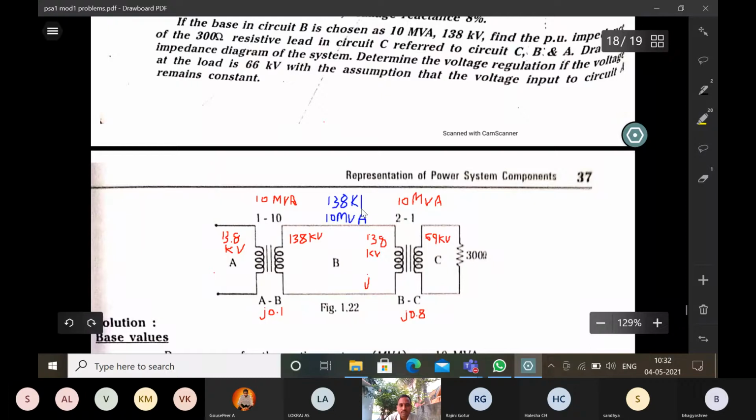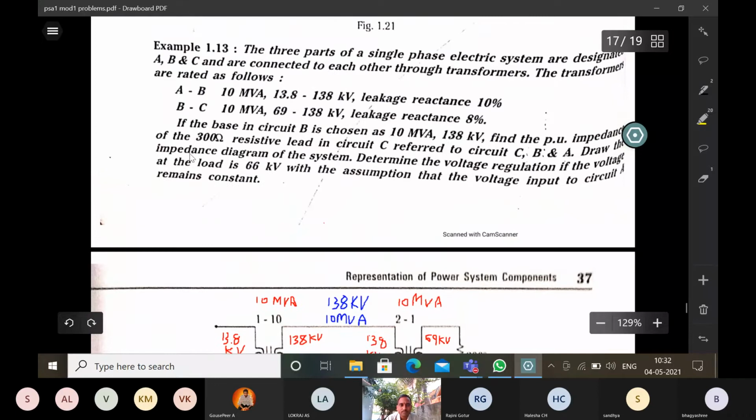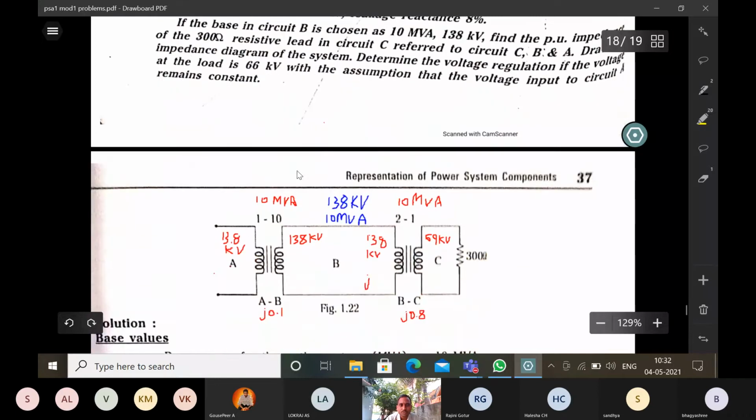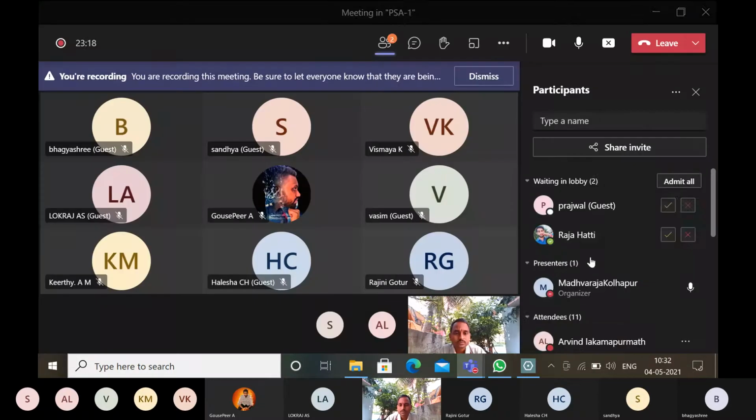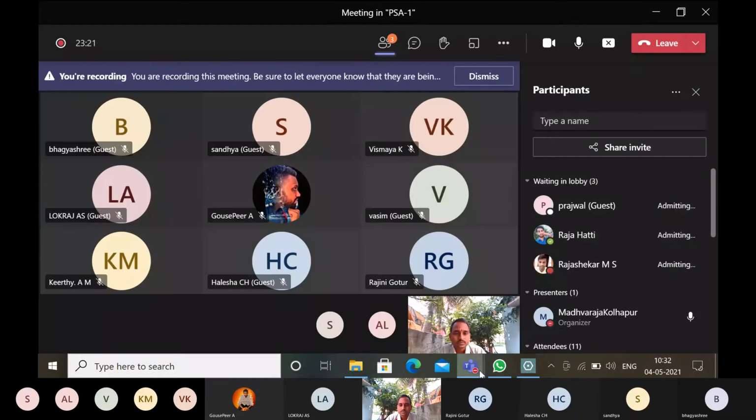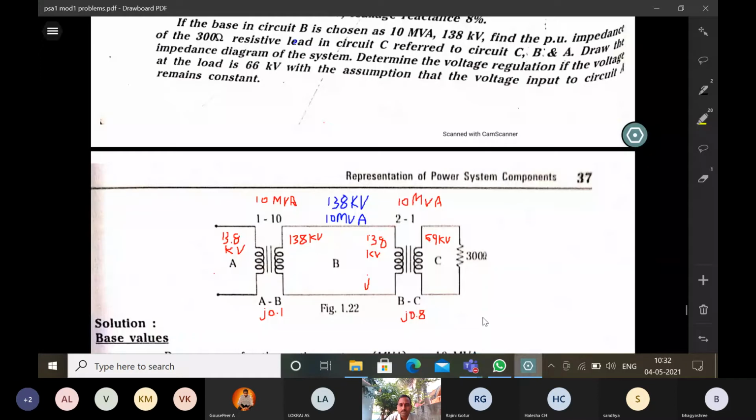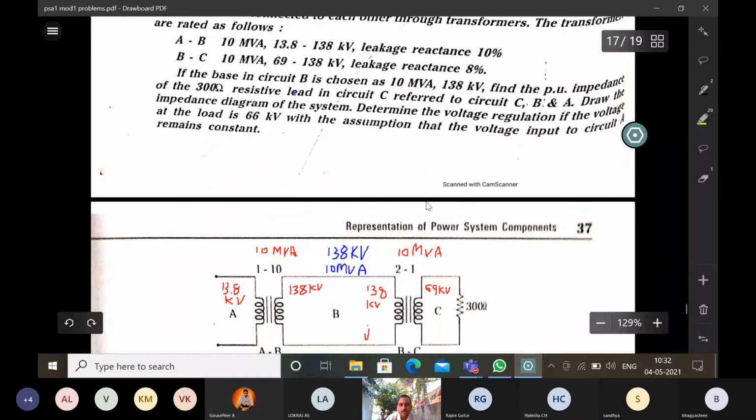Find the per unit impedance of the 300 ohm resistive load in circuit C, referred to circuit C, B and A.